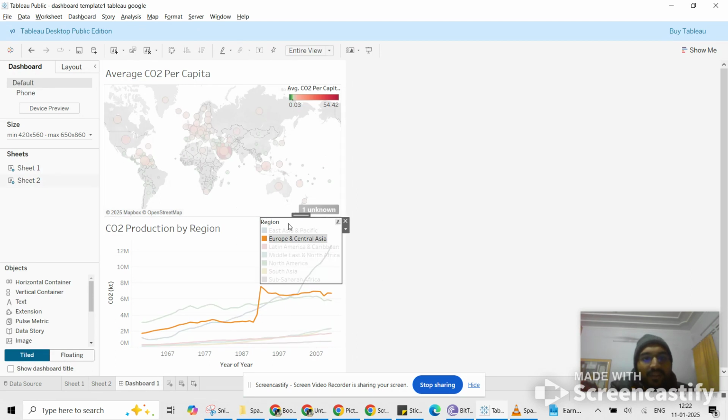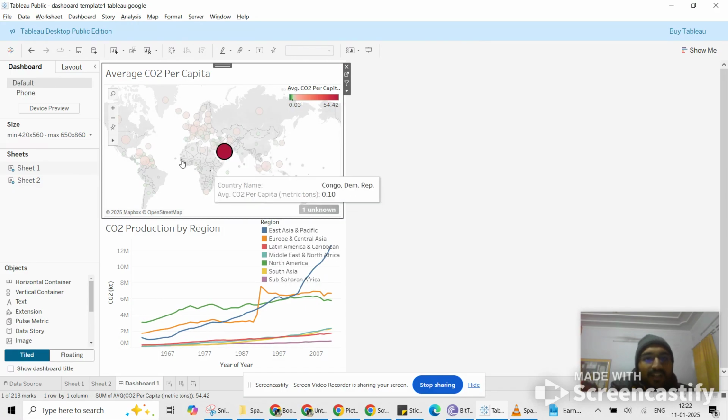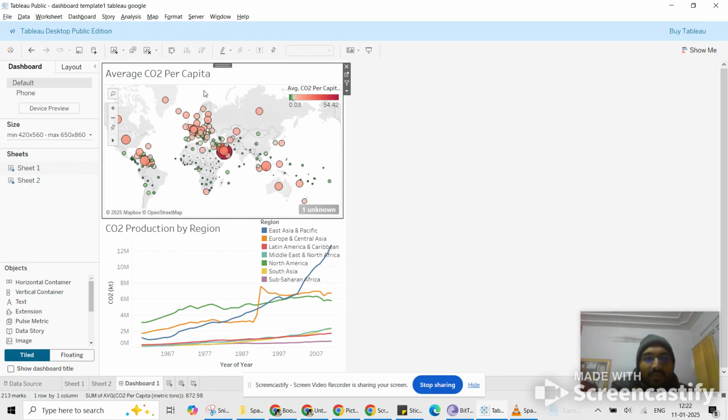You can see how East Asia is doing, how the European nations are doing, and here on the top you can see this dark red Qatar, or you can see how the whole region performs.